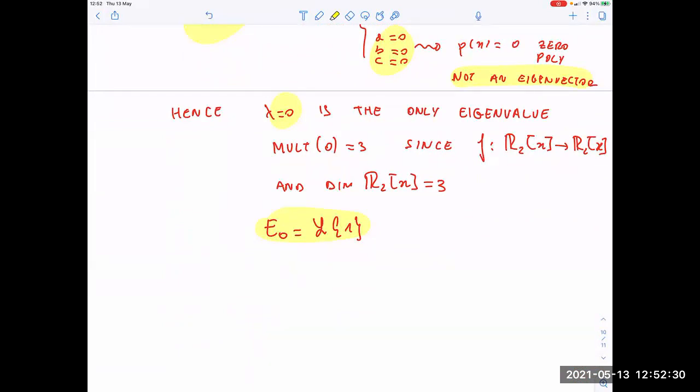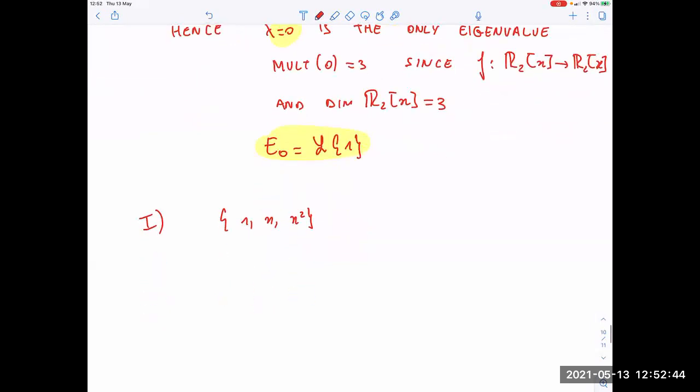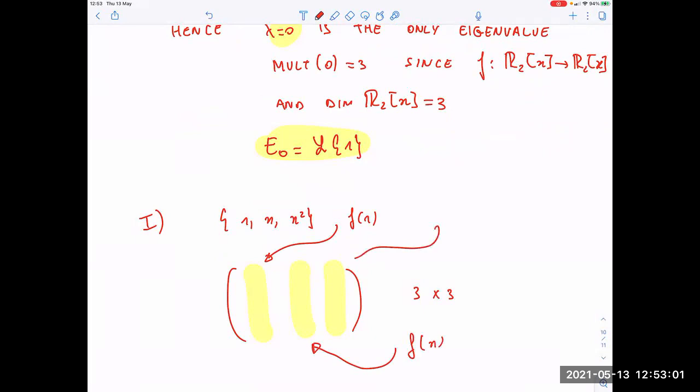Or, as we said at the beginning, you can follow procedure 1, which is to compute the associated matrix with respect to the bases 1, x, and x squared, which means we get this 3 by 3 matrix by computing the 3 columns: column 1, f of 1, then column 2, f of x, and column 3, f of x squared.